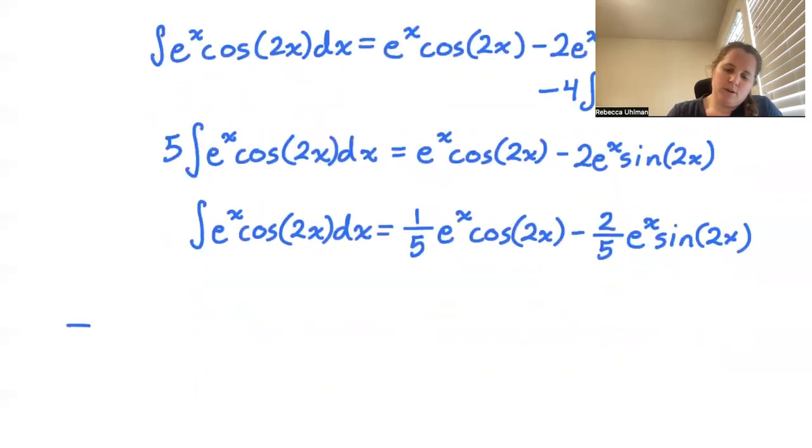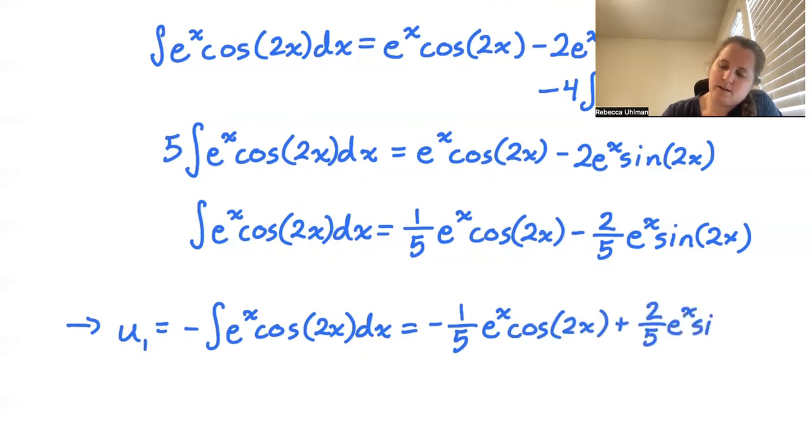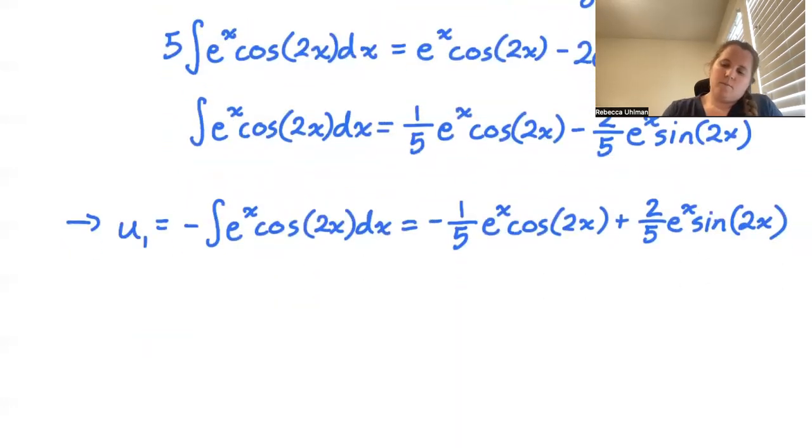So we get that u1, which was negative integral of e^x cosine of 2x dx, is equal to -1/5 e^x cosine of 2x plus 2/5 e^x sine of 2x. And then we would have a plus c1.